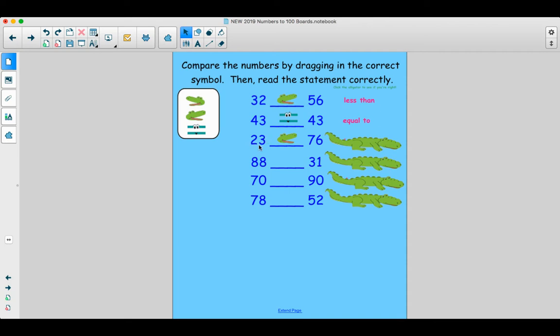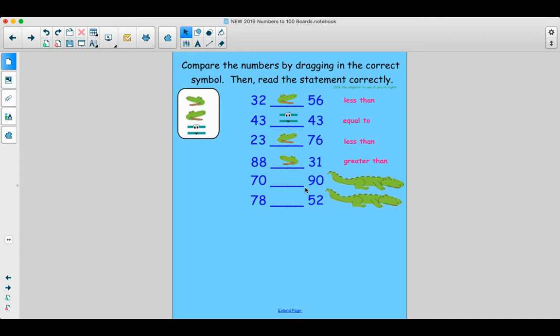So you would say 23 is less than 76. 88 and 31. Which one's bigger? Which one is the alligator going to eat? This one, that's right. So we have to use the greater than symbol because the alligator is going to eat the bigger number. So 88 is greater than 31.